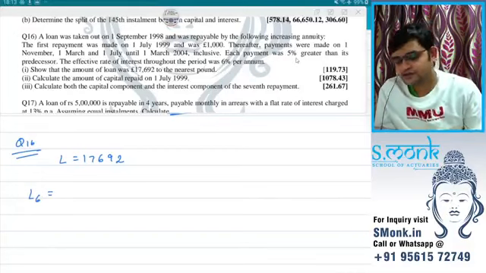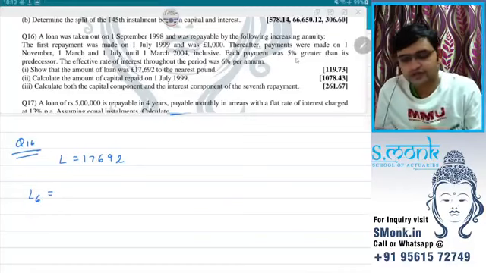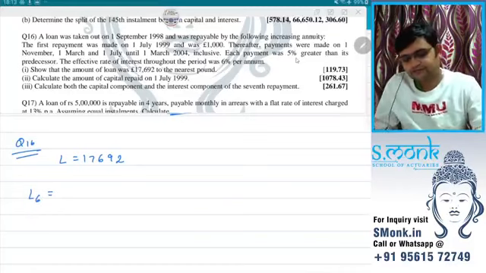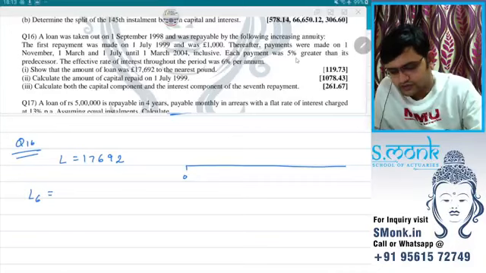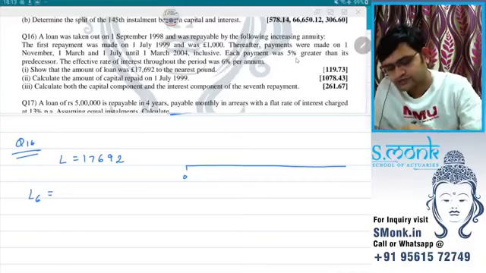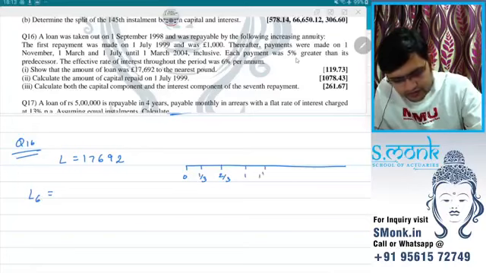But of course, when I say L6, I can calculate it using geometric progression as well. When we are calculating our L6, this would be 2 years because we are having 3 payments each year. So 1 by 3, 2 by 3 and 3 by 3 would be 1, and then whatever 1 by 3.